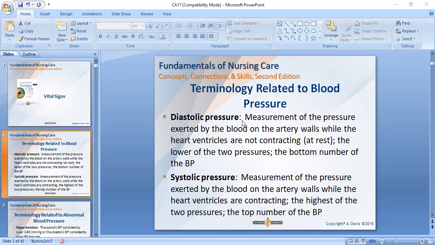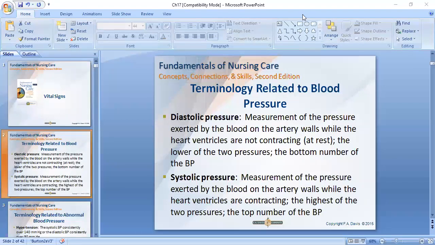The definition usually is the pressure by the blood when blood is passing through the arteries. This is blood pressure. Blood pressure is of two types. One is systole, the other is diastole, or you can say systolic or diastolic. Okay, both are correct.